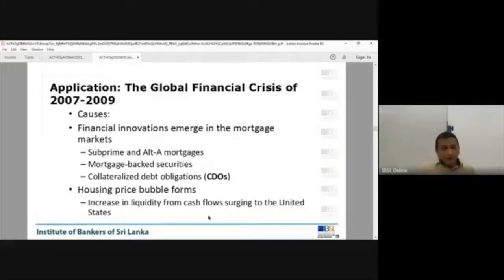So you pack them and sell this as a security to another financial intermediary. That financial intermediary bought this by paying you, let's say, 500 million US dollars.